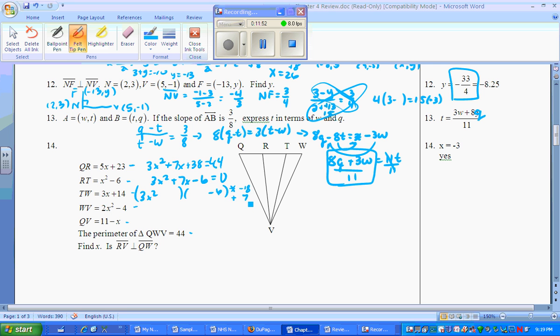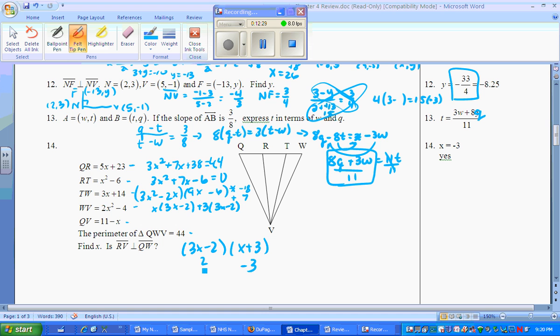Two numbers that multiply to negative 18 but add to 7 are negative 2 and 9. So we can pull out an x, leaving me with 3x minus 2. And here we can pull out a positive 3, leaving me with 3x minus 2. So after we factor it, we get 3x minus 2 and x plus 3. This answer is negative 3.